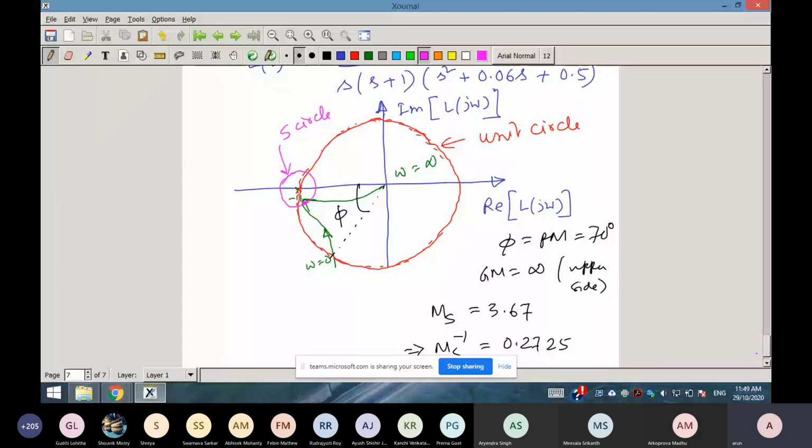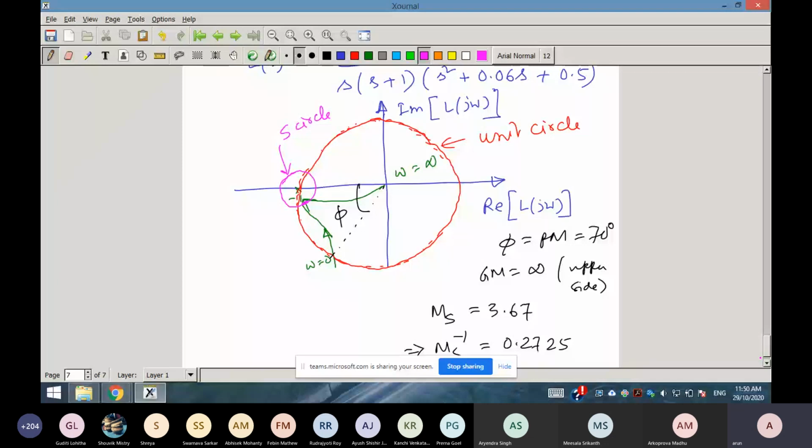So that means low MS. We have to have some relation between MS, phase margin, gain margin which will guarantee that if MS is less than or equal to, say, 2, then we can always guarantee gain margin greater than 2, phase margin greater than 30 degree kind of thing. So what is that relation?